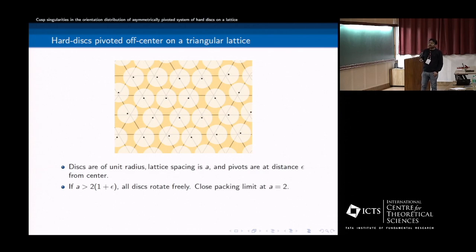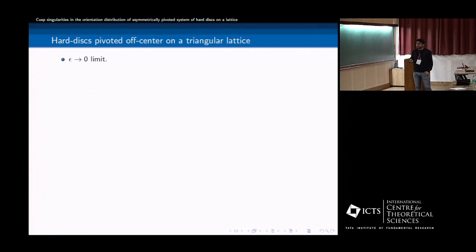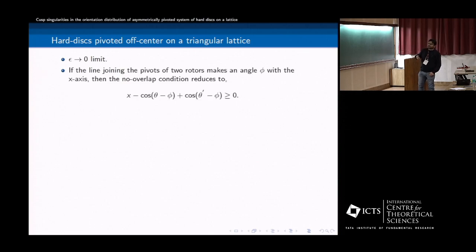The close-packing limit is achieved when A is equal to 2. So we can take a mapping like A equal to 2 plus epsilon x, where x is between 0 and 2. We take the specific limit epsilon tends to 0. Here the physics remains even if we take this limit.